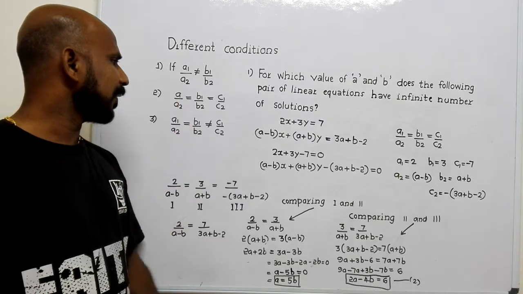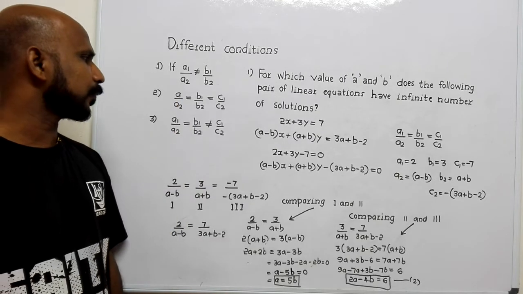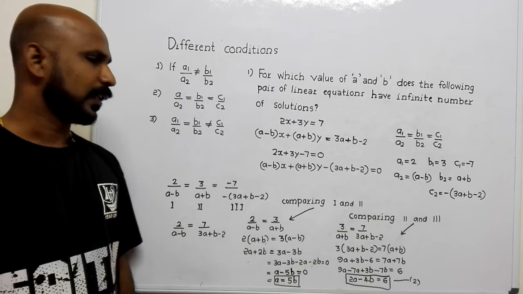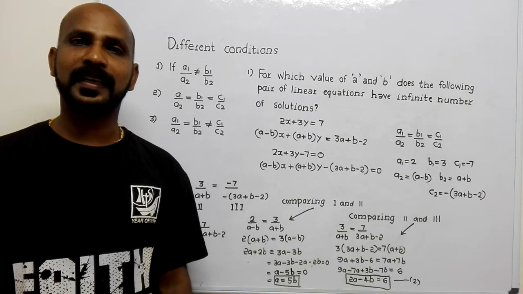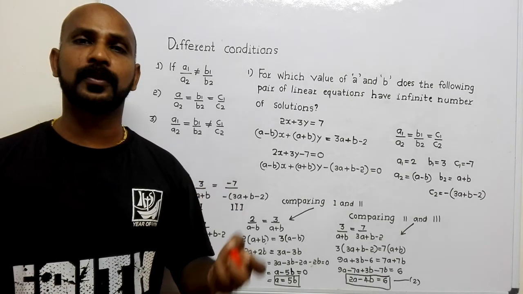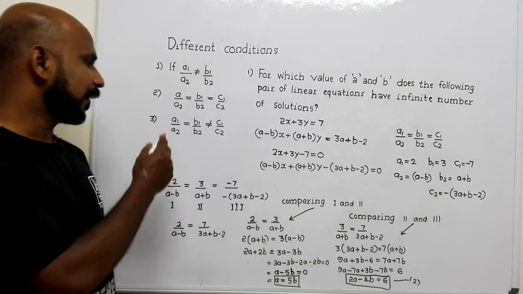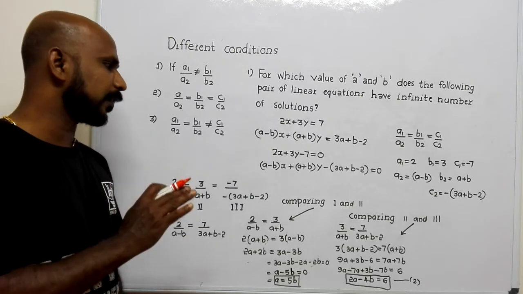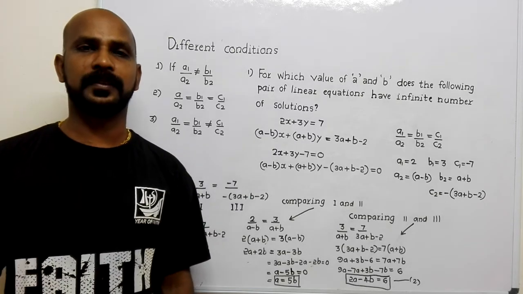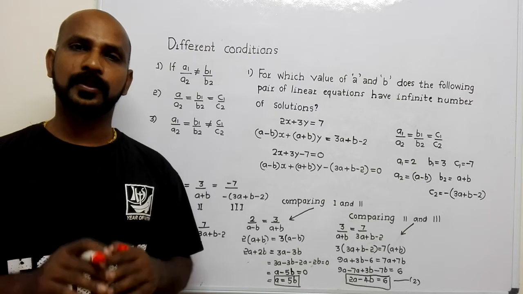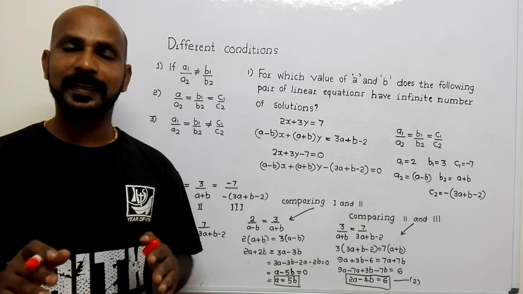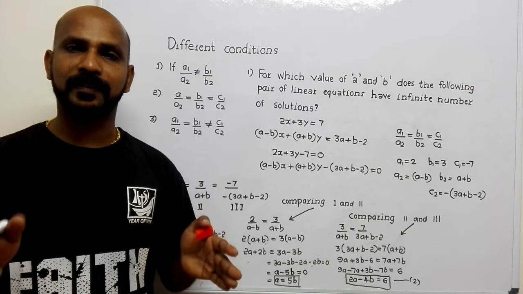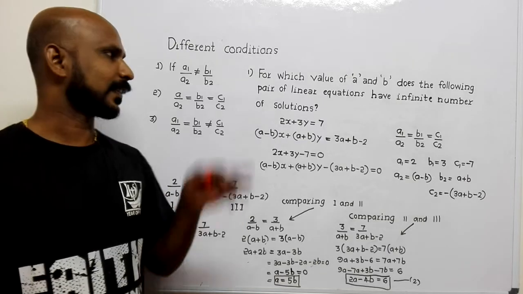If a1 by a2 equal to b1 by b2 equal to c1 by c2, then it has infinitely many solutions. If a1 by a2 equal to b1 by b2 not equal to c1 by c2, then it has no solution. Such a linear equation will never exist. These are the three conditions.